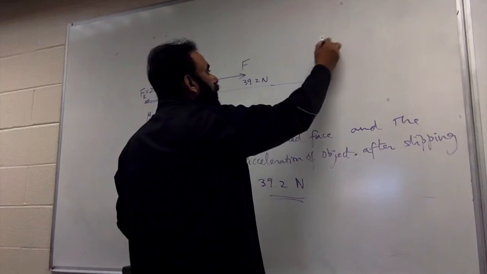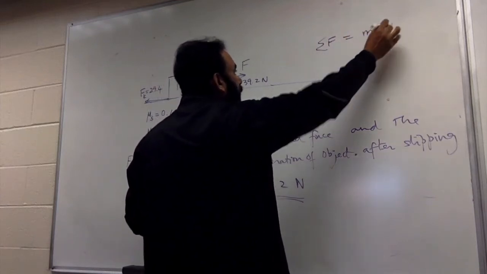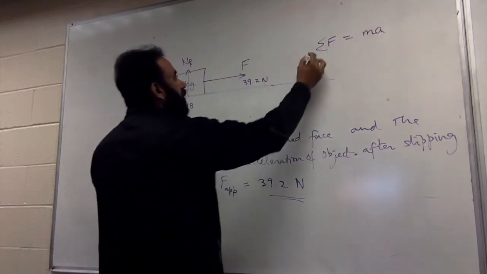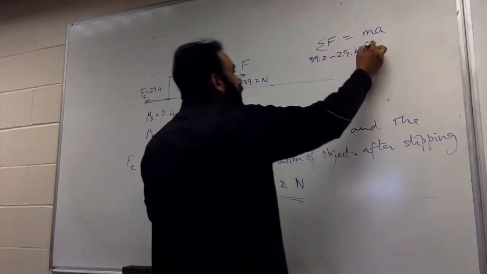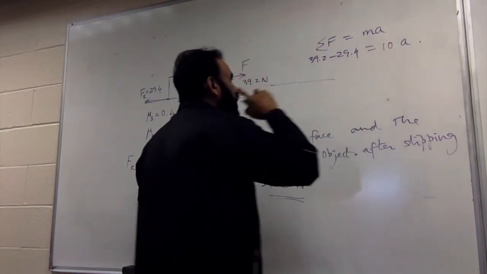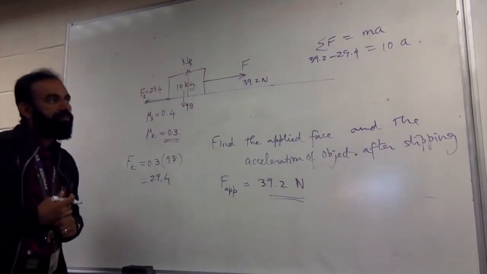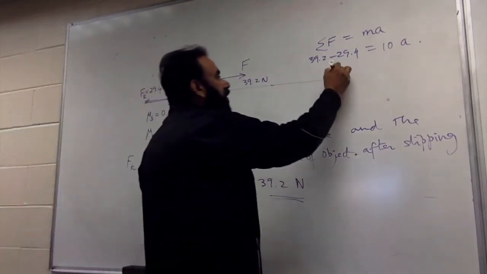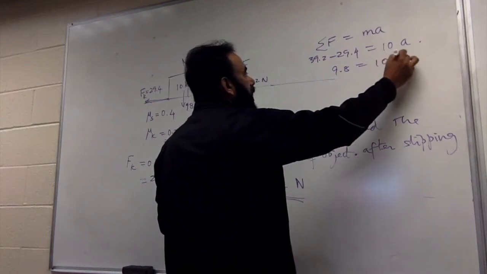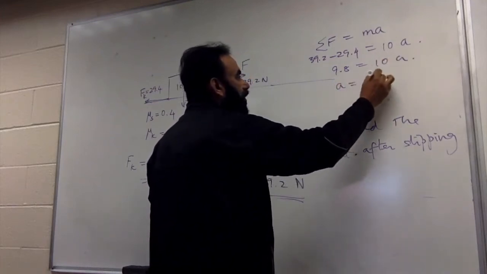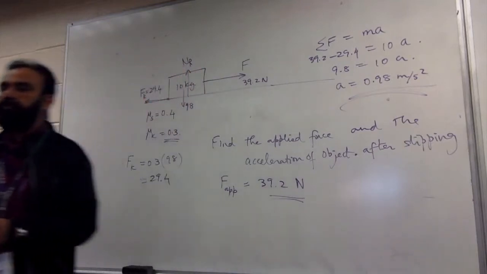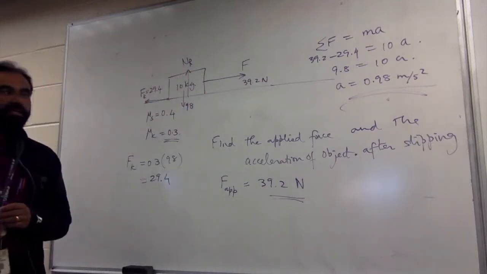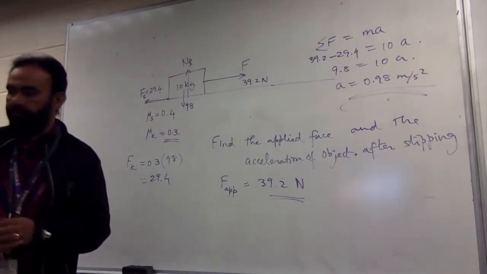Net force, 39.2 minus 29.4, is equal to ma. Then find the acceleration. So 9.8 is equal to 10a, and the acceleration is 0.98 meters per second squared. Once the object starts slipping, it will slip at that acceleration.